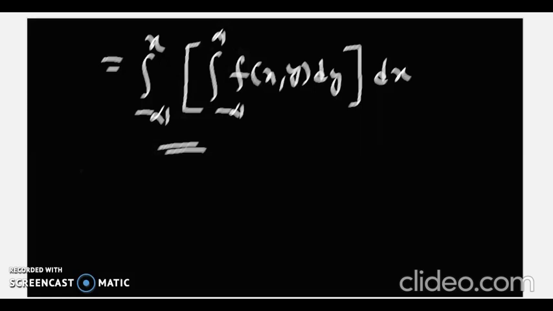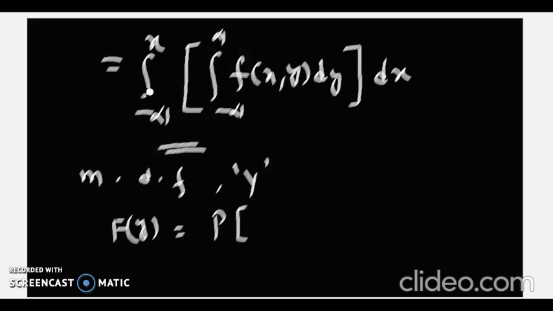Similarly, the marginal continuous distribution function of the random variable Y is defined as capital F of y, equal to the probability of capital Y less than or equal to small y.